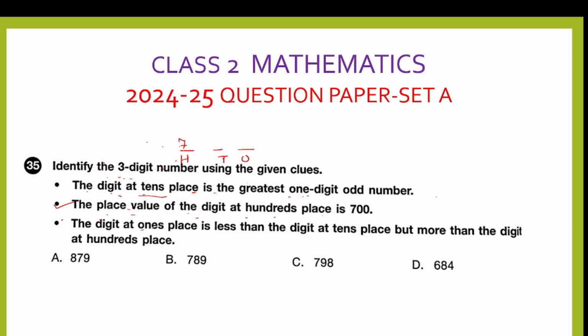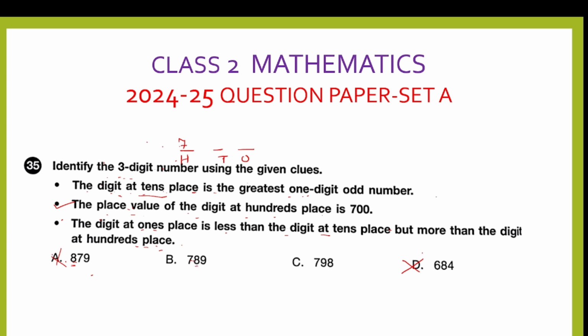Now the digit at the ones place is less than the digit at the tens place, but more than the digit at the hundreds place. For that we have to check the options. In option A, the hundreds place is 8, so option A is not correct. Similarly, option D is also not correct. In options B and C, the place value of the hundreds place is 700, that is correct. Now the first condition: the digit at the tens place is the greatest 1-digit odd number.